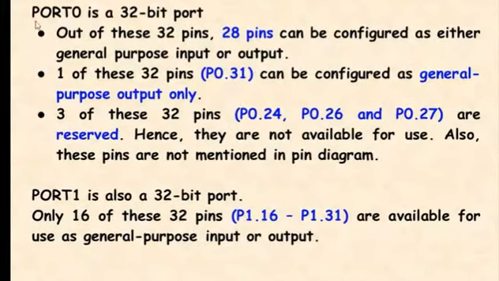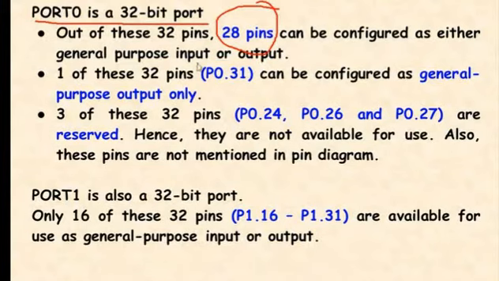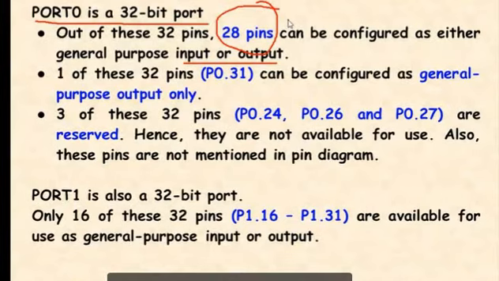So port 0 is 32 bit. Out of this 32 bit, 28 pins can be configured as input or output. There are total 32 pins, but only 28 pins can be input or output. One pin, number 32, P0.31, can be configured as only output.